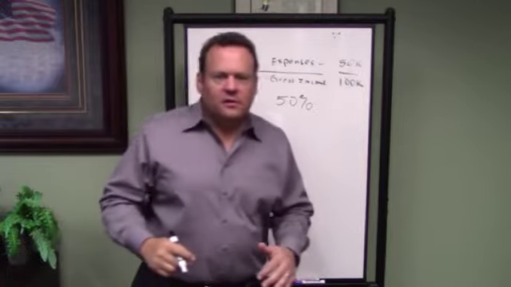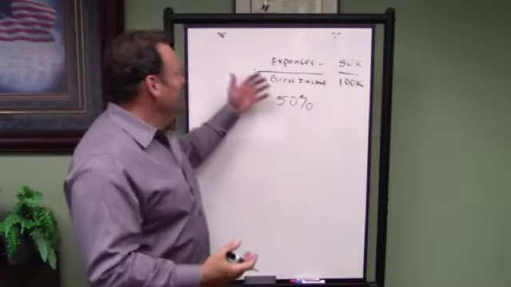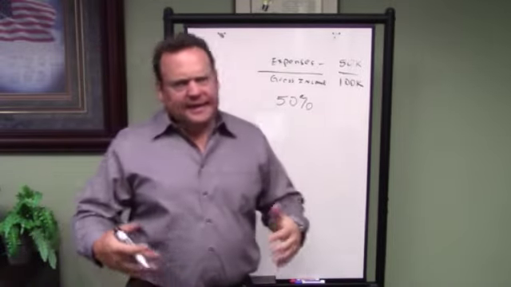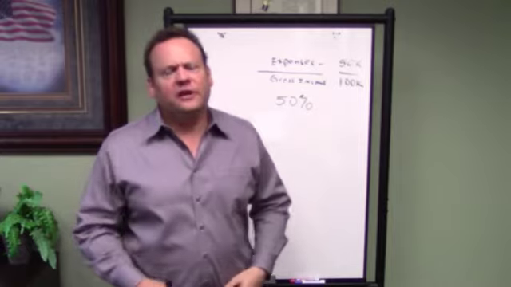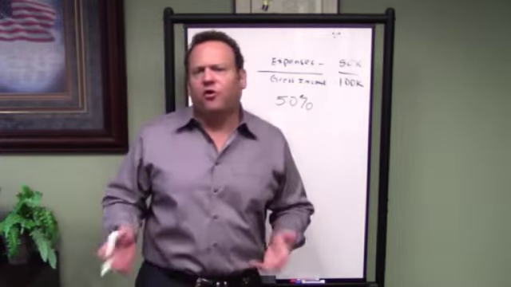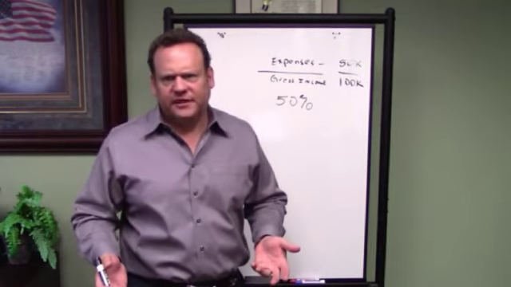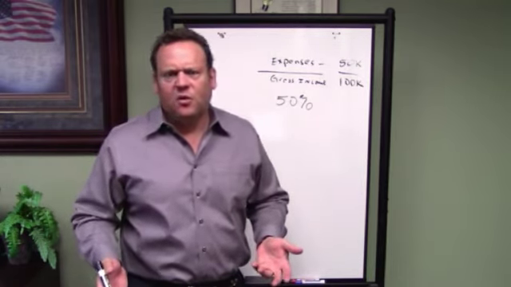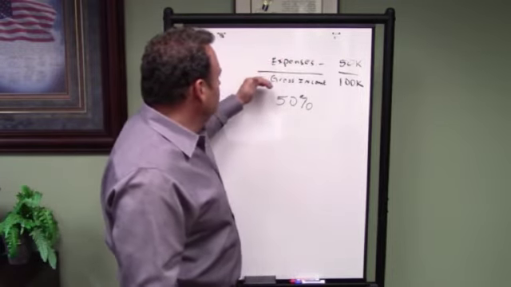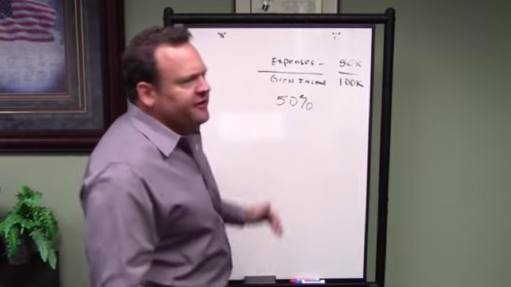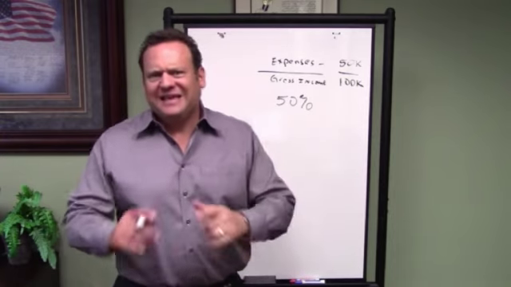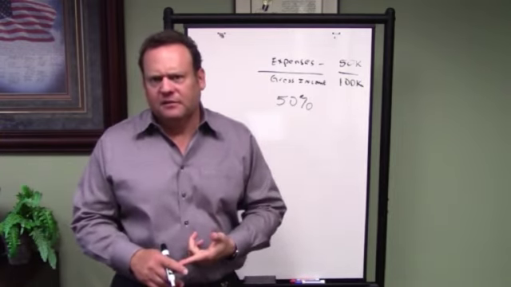Okay, so your expense ratio, and by the way, is it gross effective or gross scheduled? It's done different ways. It depends on how big the vacancy number is. If the vacancy pro forma is a couple percent, it's not going to change things drastically. So if we have expenses divided by gross income, and let's say that's 50%, that is fairly typical of a C to C plus class building.